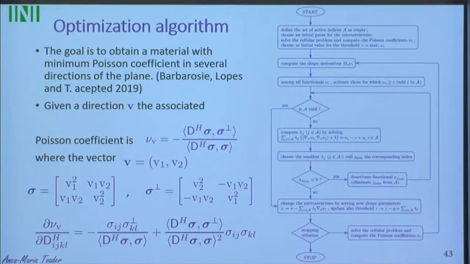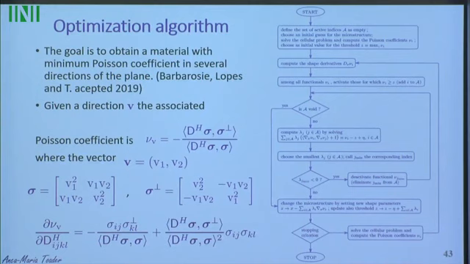And here V is an arbitrary direction, and nu V is the formula we found for the Poisson coefficient, depending of course on the direction V, and here with that tensor, which is the inverse of the homogenized elastic tensor, the compliance tensor. Here DH is the compliance tensor.